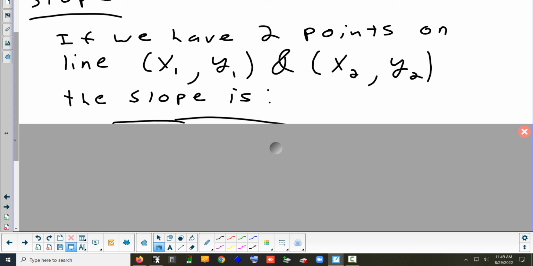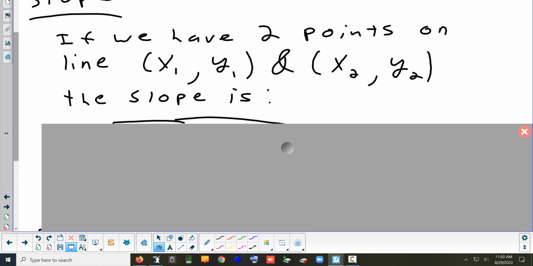Slope. So slope tells you how steep a line is. Does anybody remember the formula for slope? It does have a fraction. There is a fraction, a little different numerator and denominator, though.